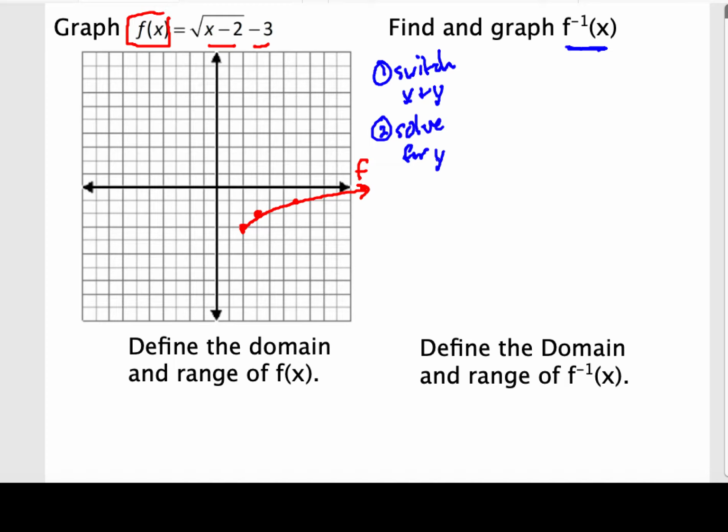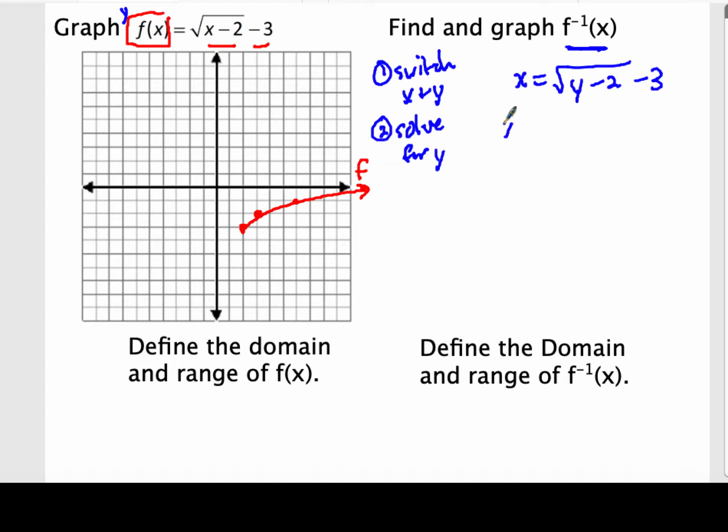Well, let's take our function then. Instead of f of x, let's call that y. And so we're going to say, okay, switch x and y. I'm going to say x equals the square root of y minus 2, minus 3 on the outside there. Notice, make sure your square root ends in the right place. Then we just need to solve for y.